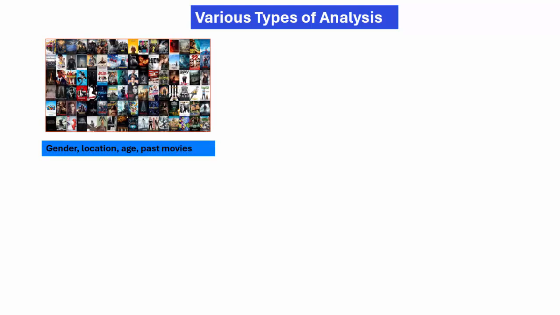Now I will show you the various types of analysis, how we get it. Here you see we have movies data, and we have the gender of the audience, location, age, and past movies, Netflix or something like that. We have all this information. What sort of analysis can we do? I will explain later.